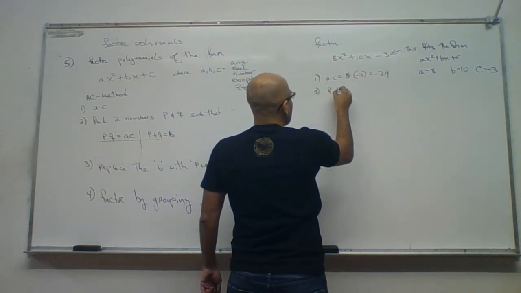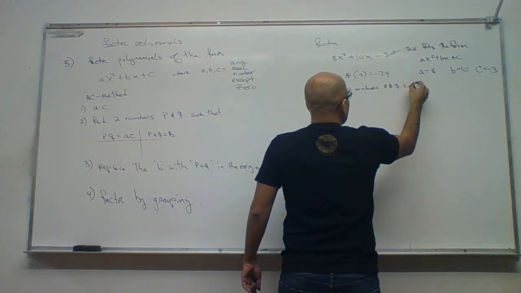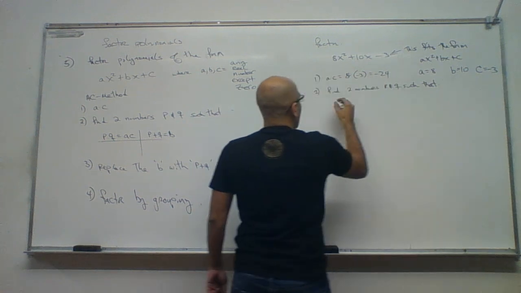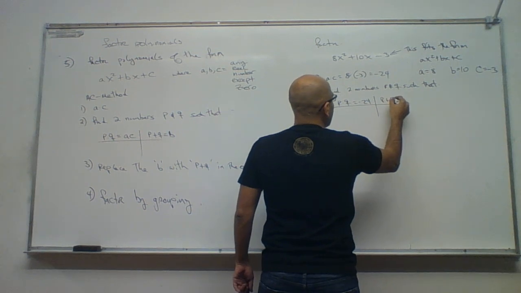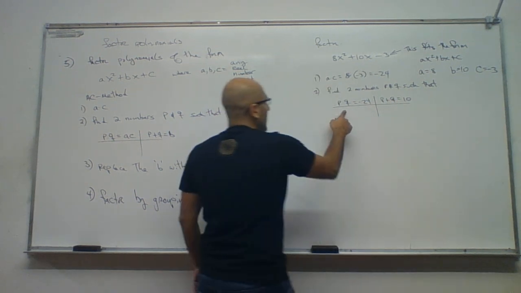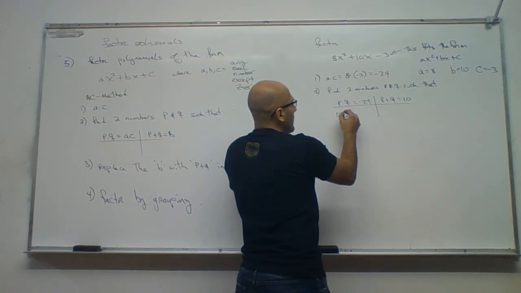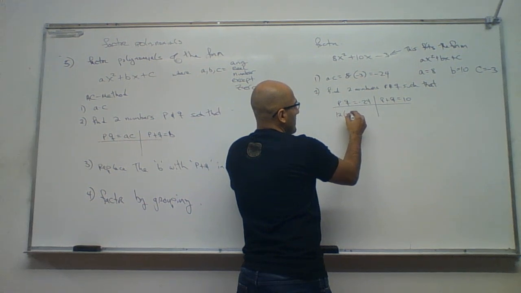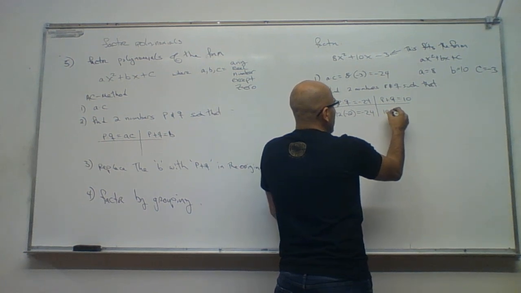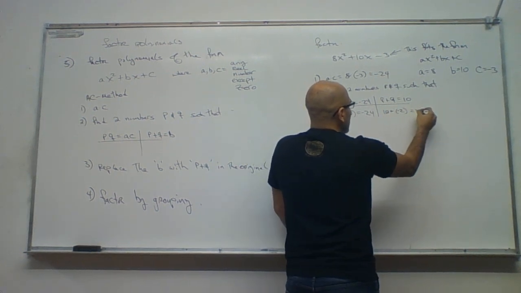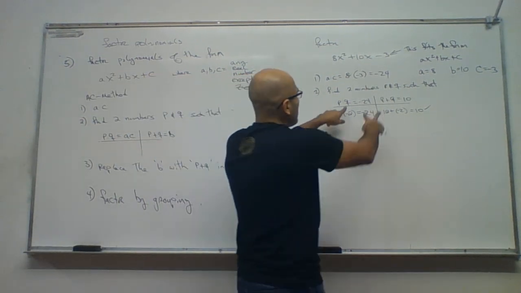So find two numbers, p and q, such that p times q equals -24, but at the same time, p plus q equals +10. How about +12 times -2 multiplies to -24, but at the same time, 12 plus -2 equals 10. I found them.